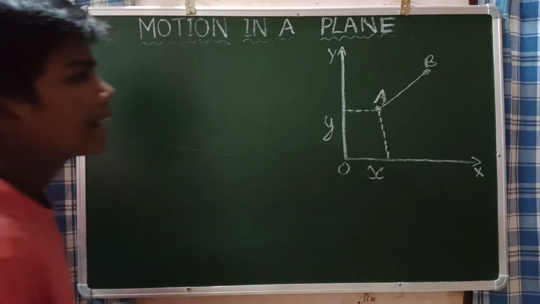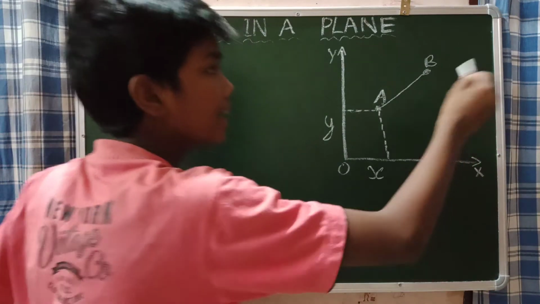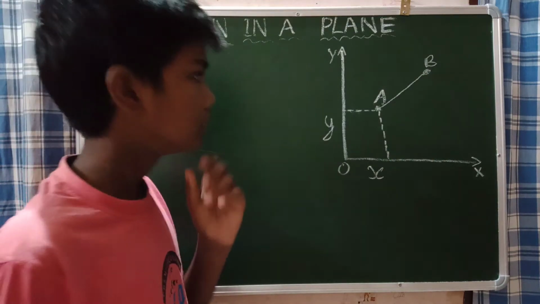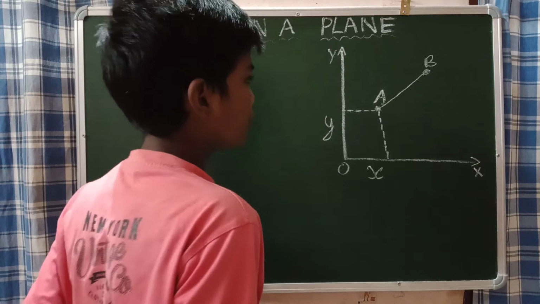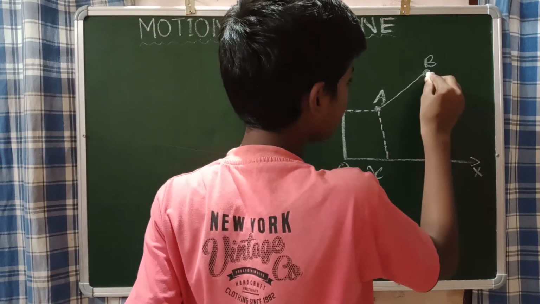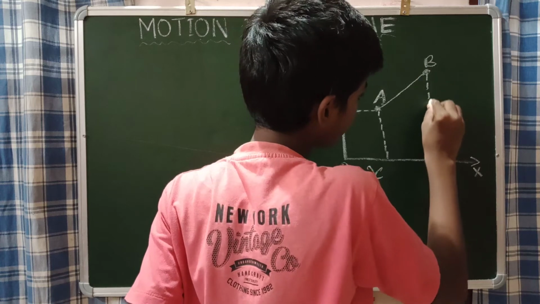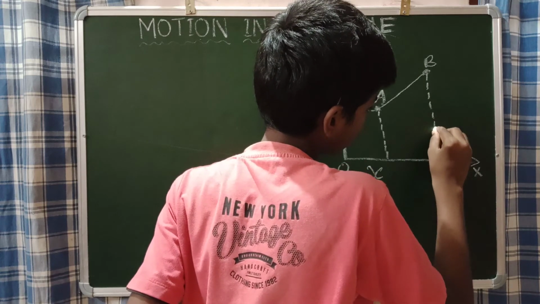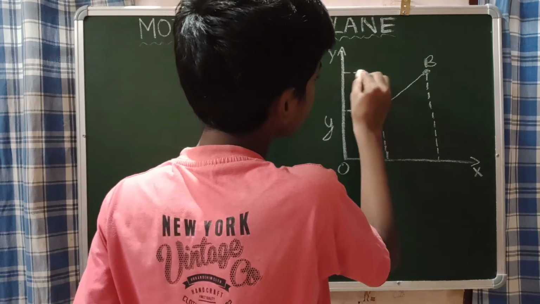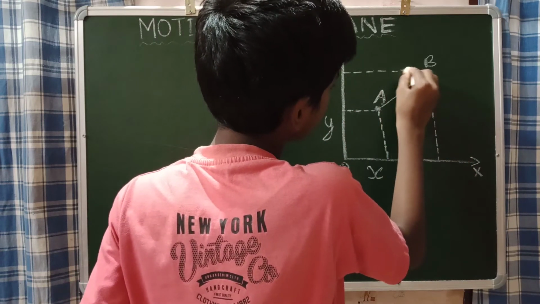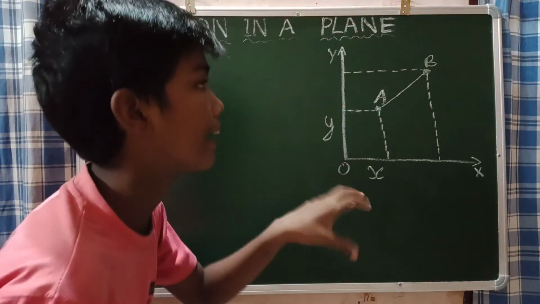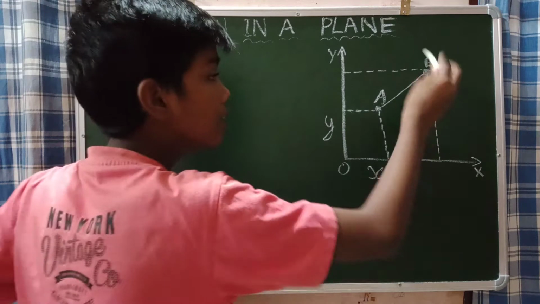Now guys, let us find the coordinate of this position B. How will you be finding the coordinates? Listen carefully. We know that this line and this line represent the x coordinate and y coordinate of B respectively.